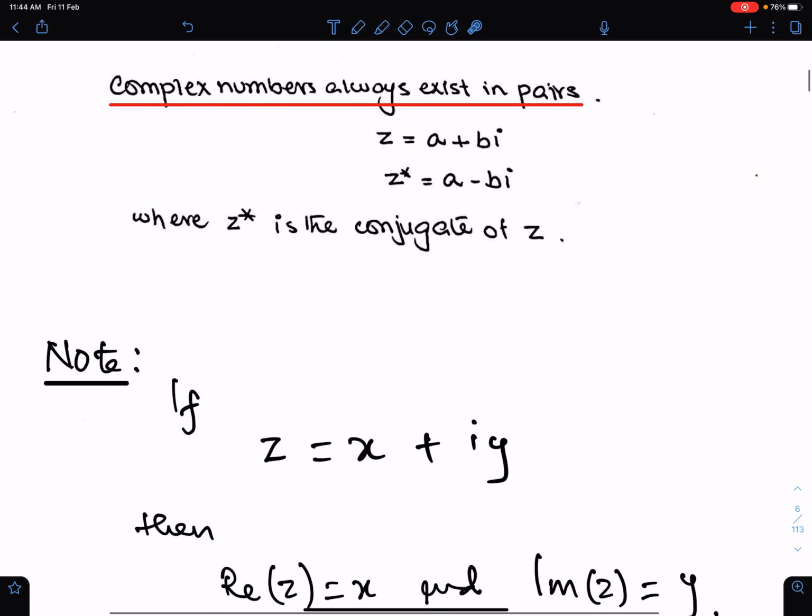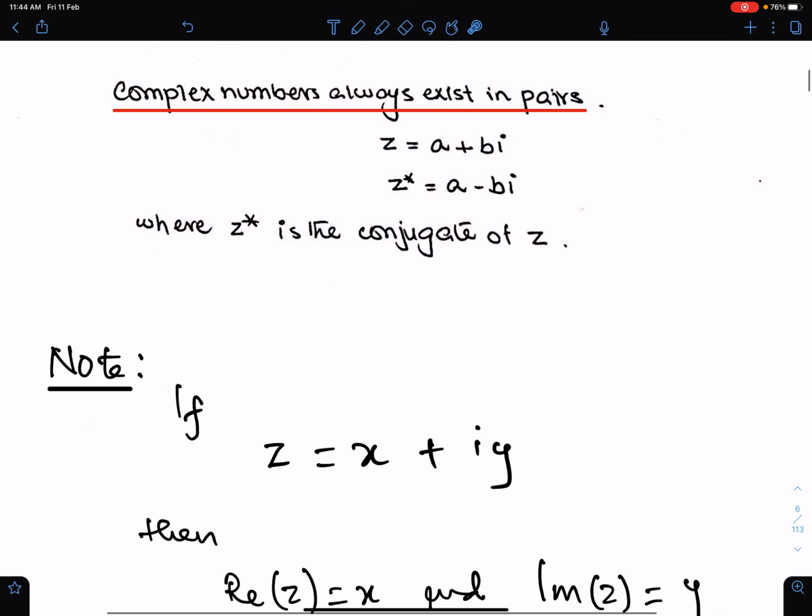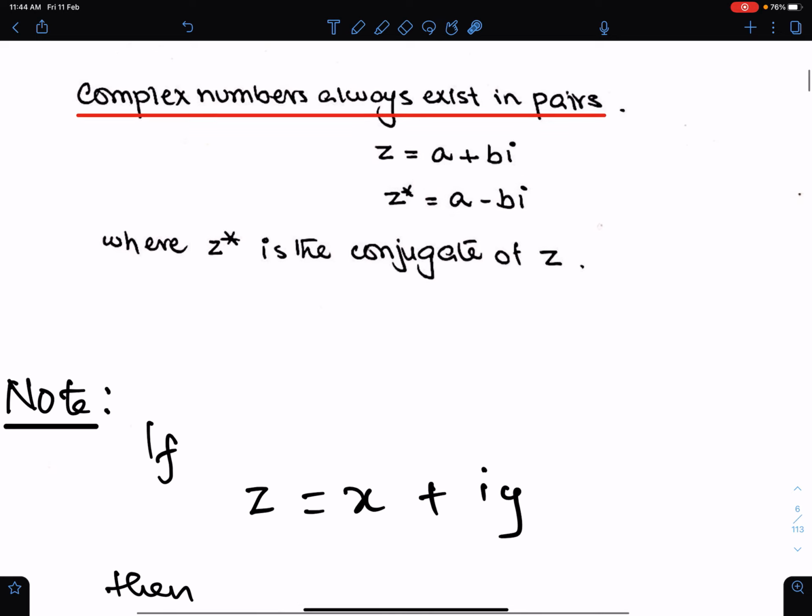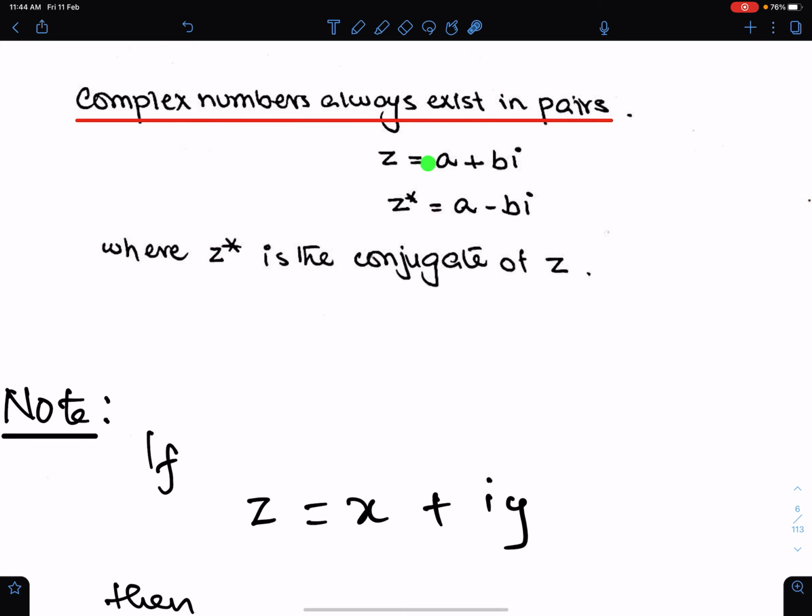Complex numbers always exist in pair form. Pair means same signs of real parts and opposite signs of imaginary parts. See, we have same signs of real parts here and the signs of imaginary parts are opposite. So when we have such numbers, then we say the numbers are in pair form.